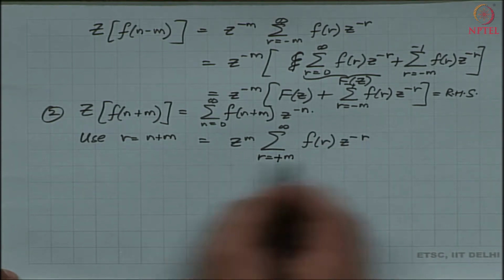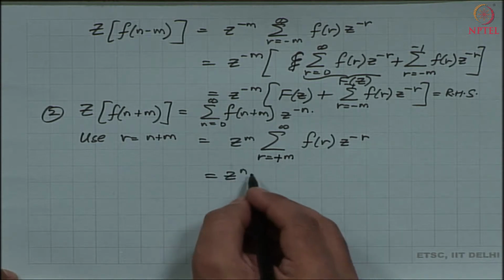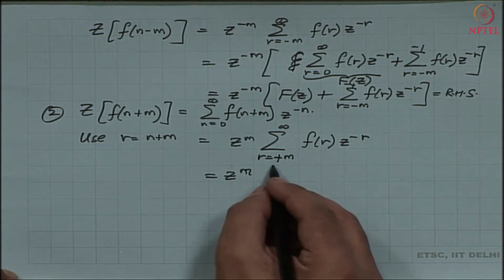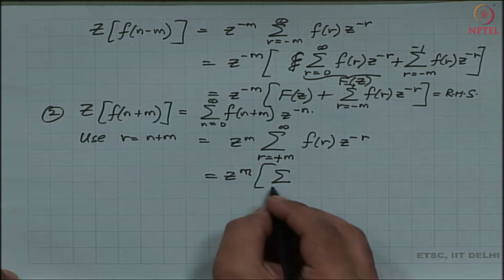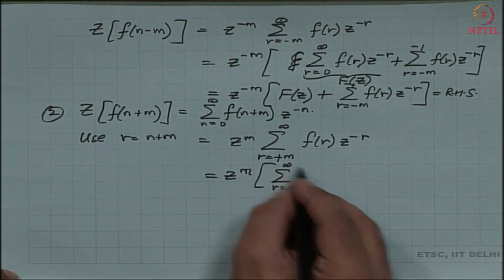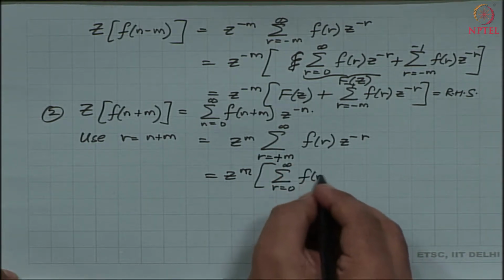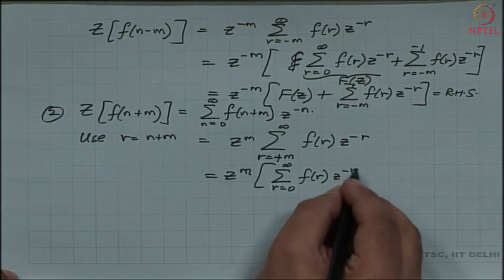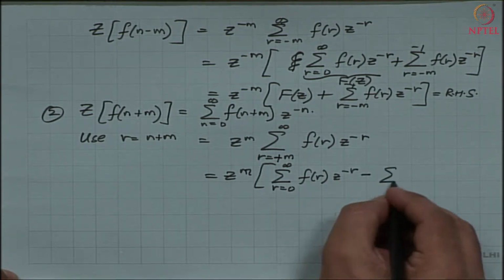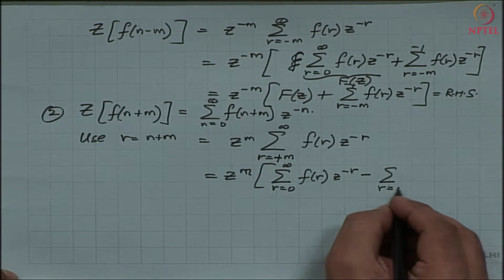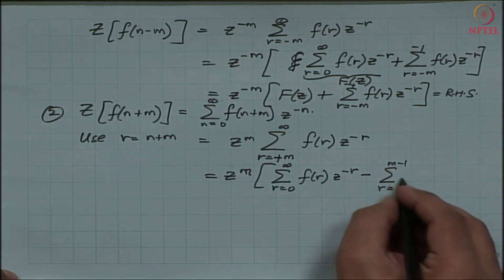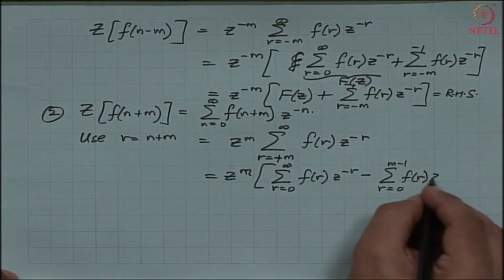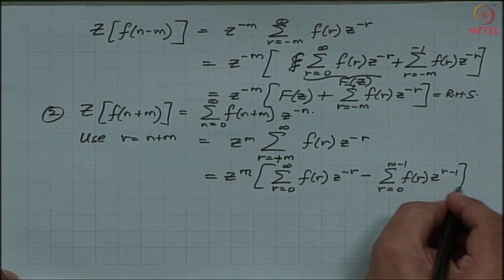When we rewrite this, I get z to the power m times summation r from 0 to infinity f of r z to the power minus r minus the summation r from 0 to m minus 1 f of r z to the power minus r.